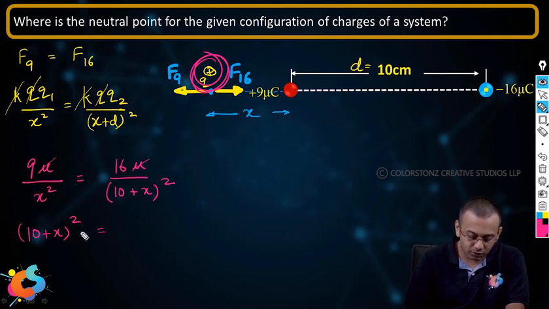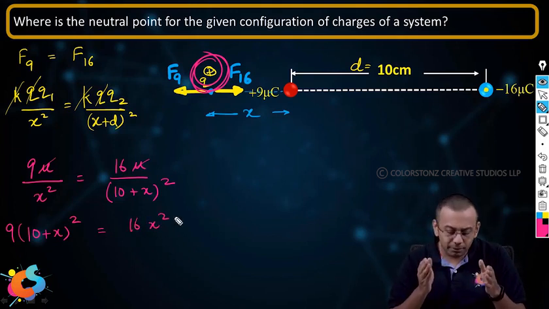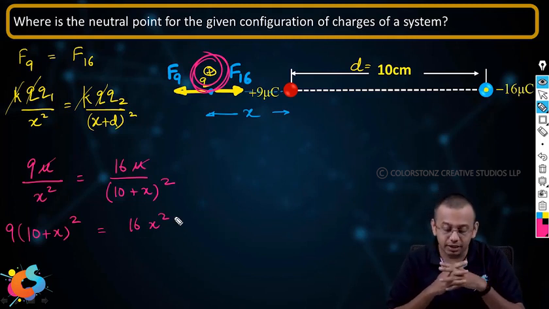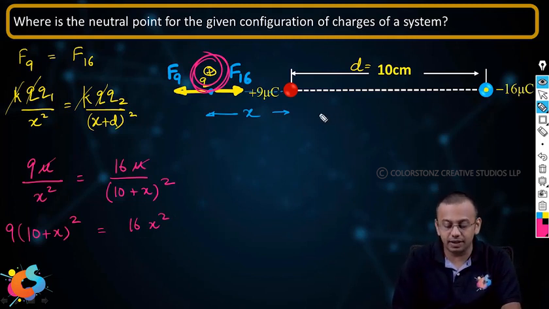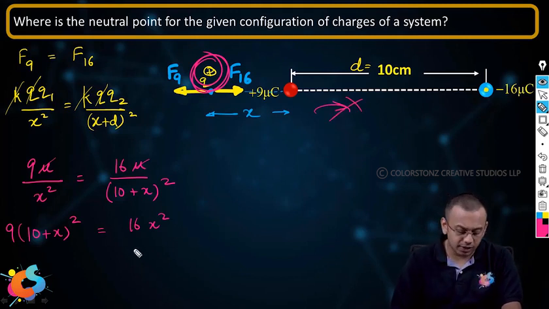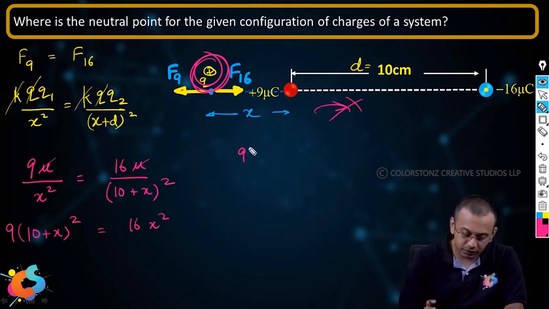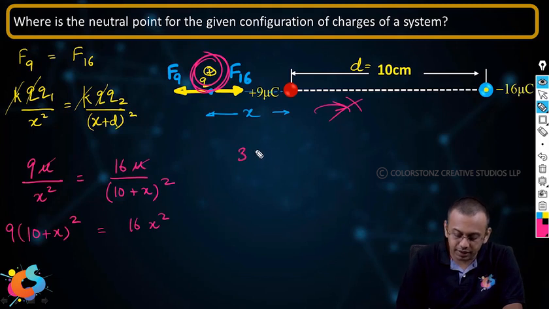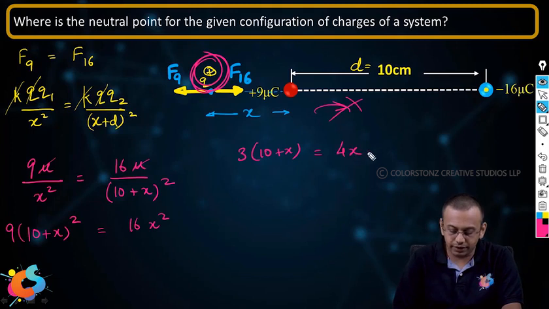So 9 into (10 plus x) whole square is equal to 16x square. x has to be a positive distance because we have already concluded that it can't be on the other side. We need to take only one of the roots, and when we take the square root on both sides, then 3 into (10 plus x) is equal to 4x, or 30 plus 3x is equal to 4x.